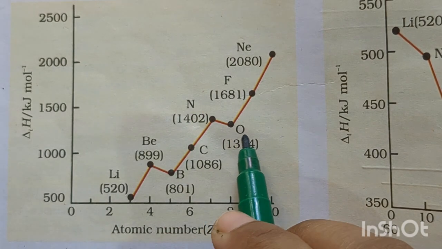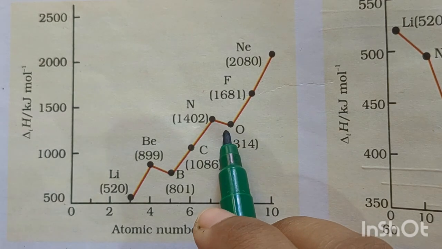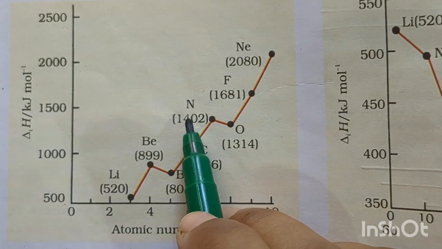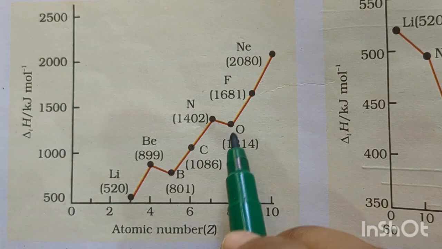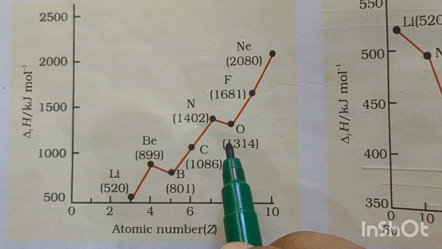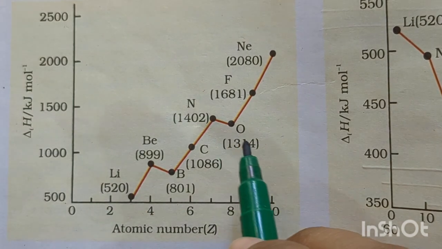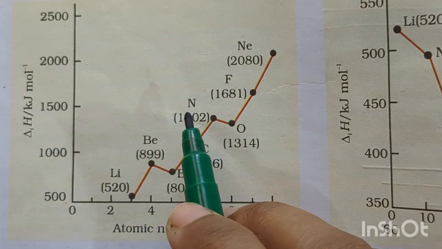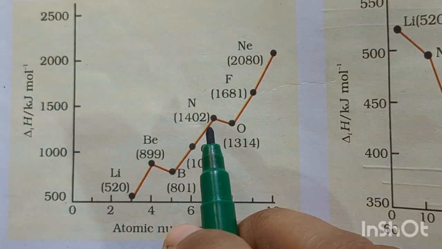That is, the first ionization enthalpy of oxygen is smaller compared to nitrogen, though oxygen has greater nuclear charge, because in oxygen we have 8 positive charges in the nucleus, in nitrogen we have only 7 positive charges in the nucleus.